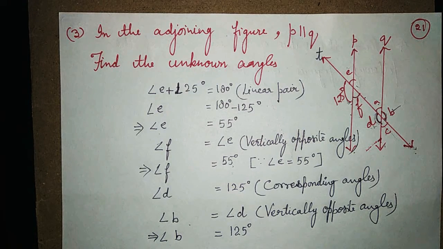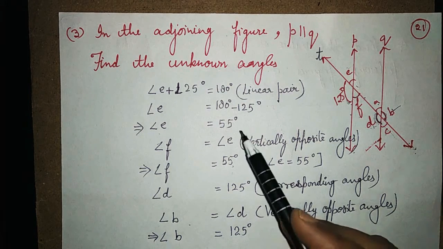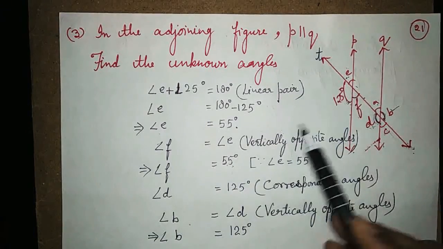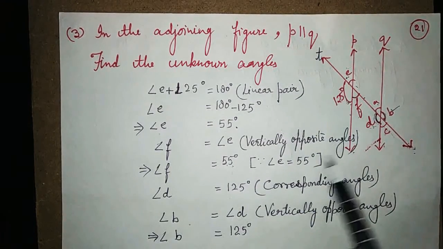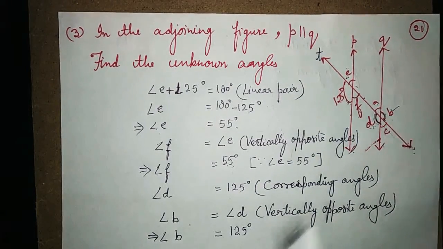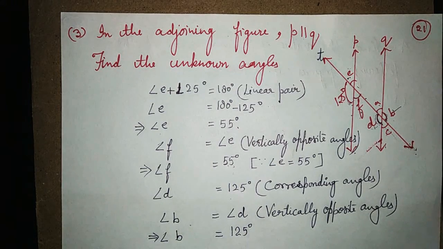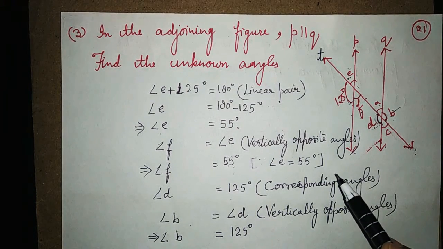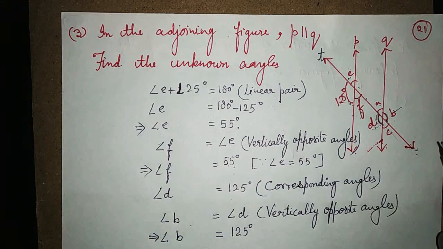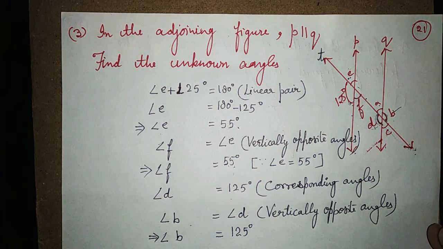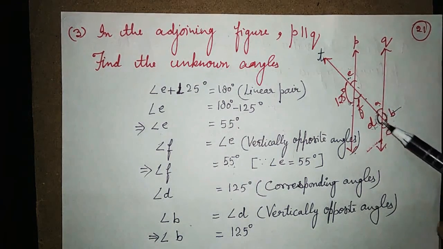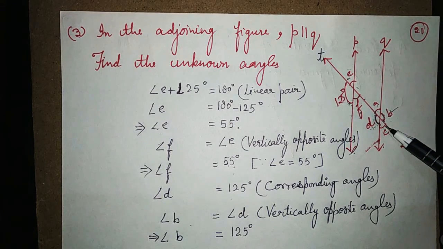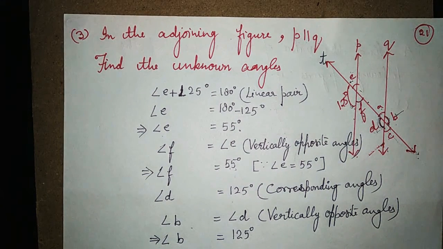Now you have calculated angle E, angle F, angle D, angle B. Now we will calculate the measure of the remaining unknown angles. Now A and C we have to calculate.